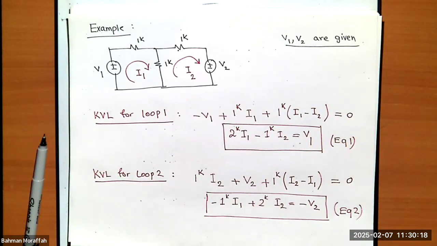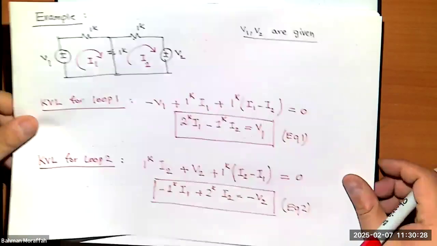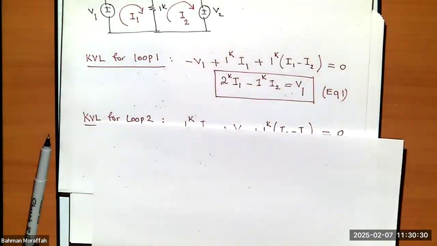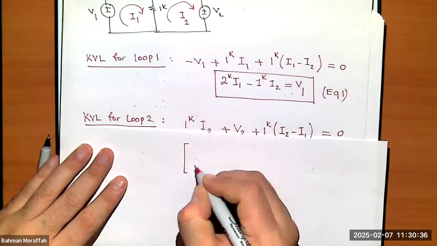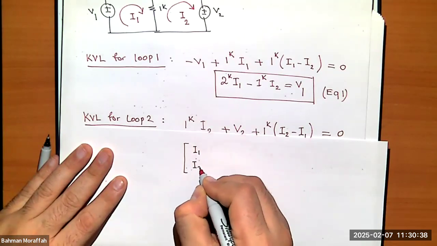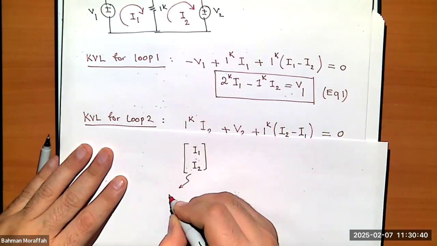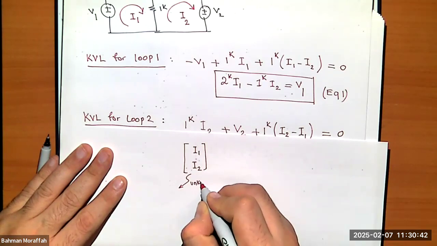As you can see, both these equations are linear. To solve for I1 and I2, I can put them into a matrix. So let's do that. I have I1 and I2. This is my unknown vector.